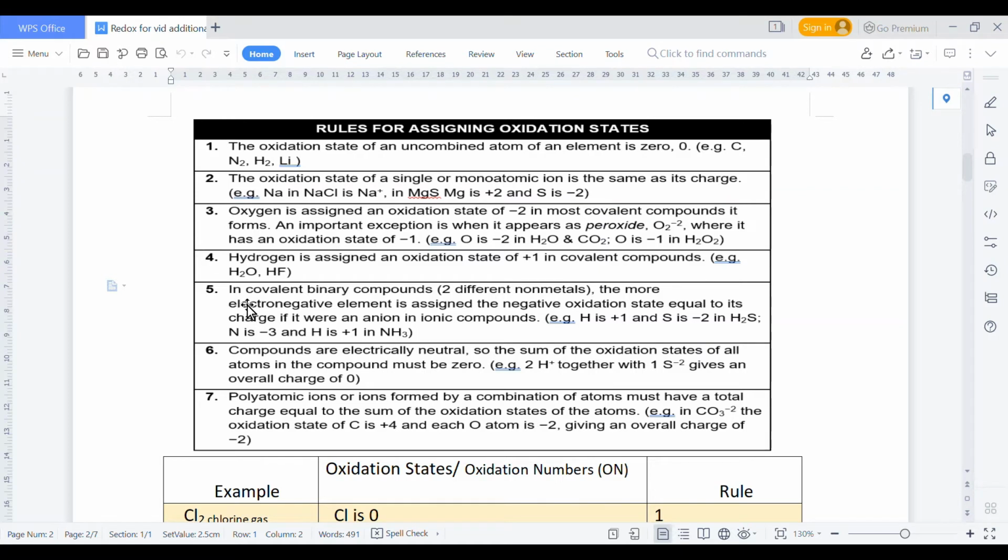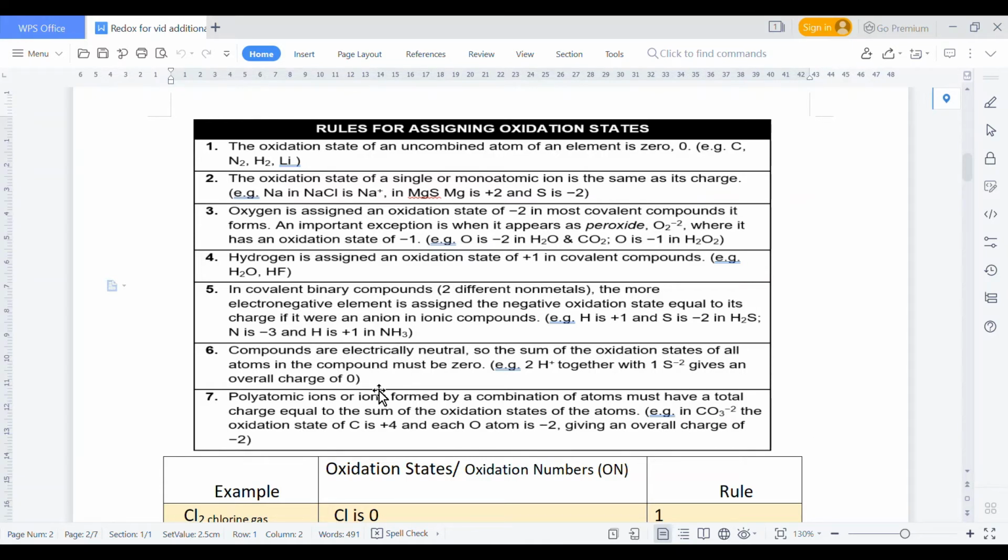Number 5. In covalent binary compounds, two different nonmetals, the more electronegative element is assigned the negative oxidation state equal to its charge if it were an ion in ionic compounds. For example, hydrogen is plus 1, and sulfur is minus 2 in H2S, N is minus 3, and H is plus 1 in ammonia.